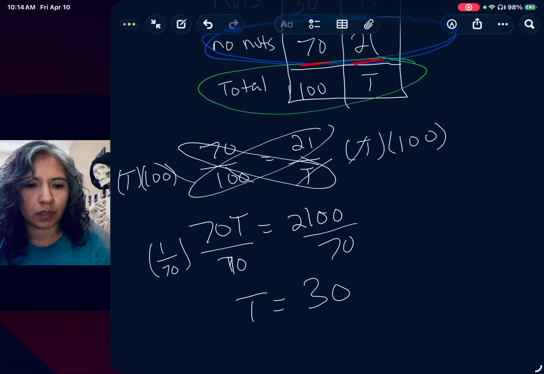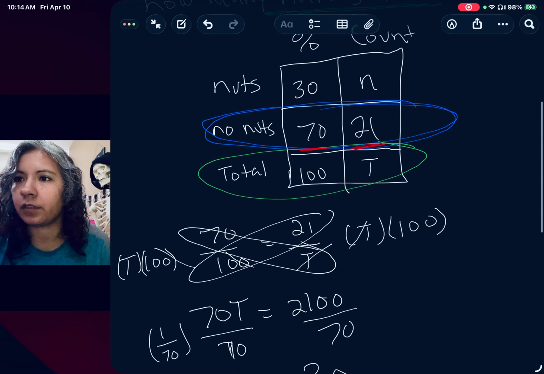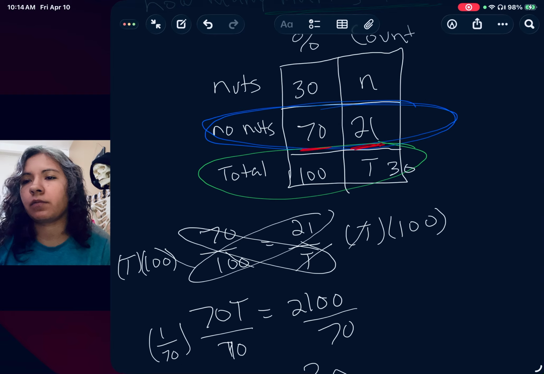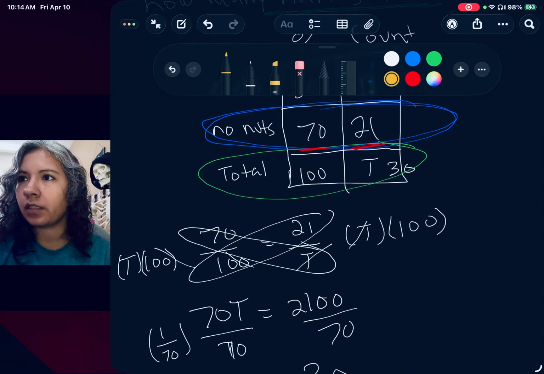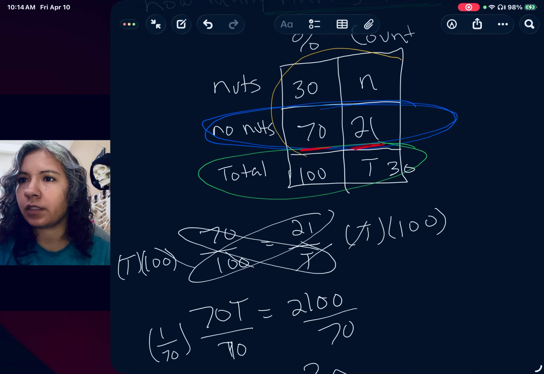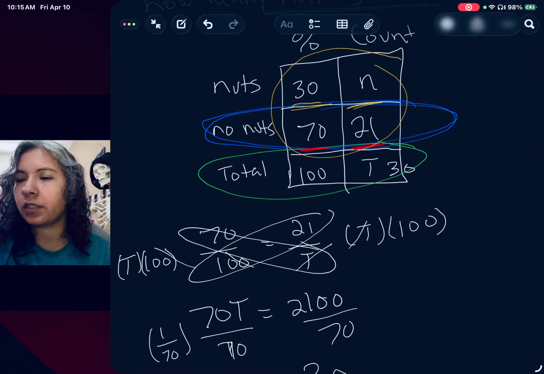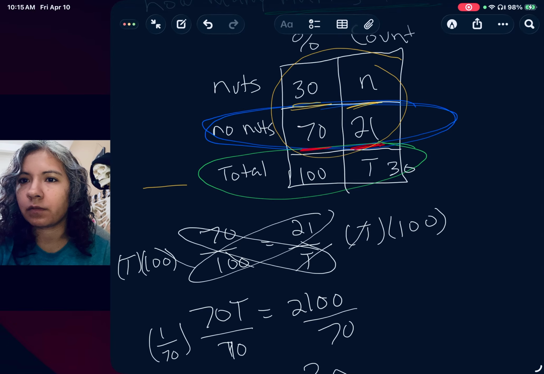So there would be 30 muffins total. If we were looking for how many muffins had nuts, then we would have used these four and did our ratio lines here. But since we're looking for the total, we use that row.